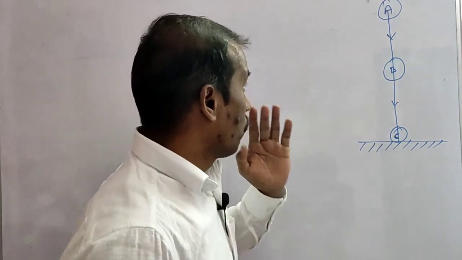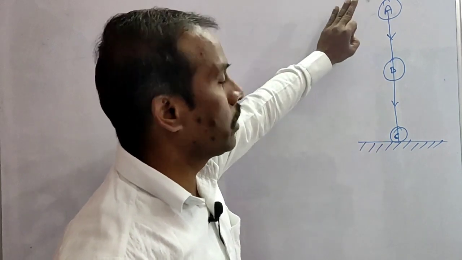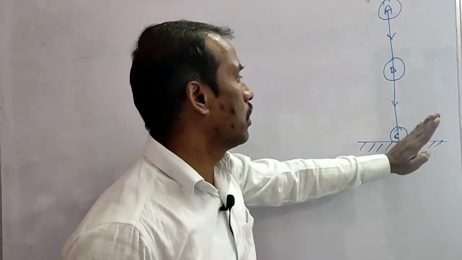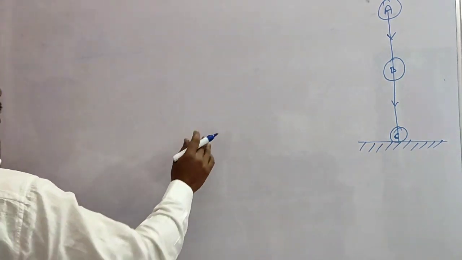Okay, now first of all, the block of mass m at point A is at some height h.